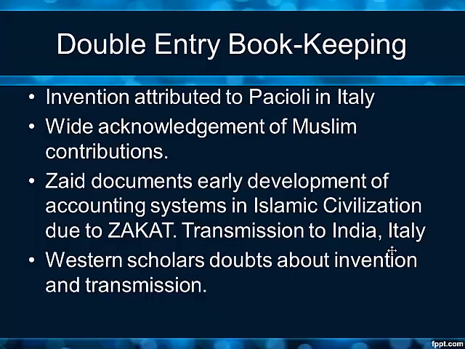typically Western scholars have two doubts: that maybe they did a lot of things, but they didn't actually invent double entry, and even if they did invent it, it was not transmitted from Arabs. Italians reinvented it independently on their own.